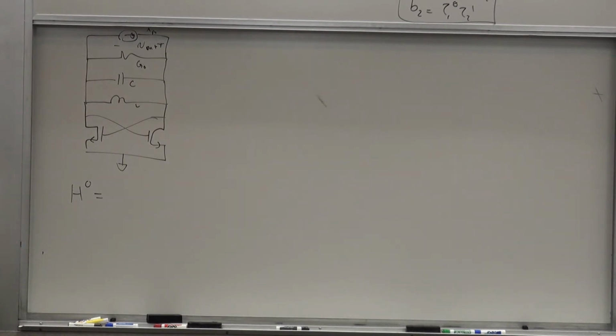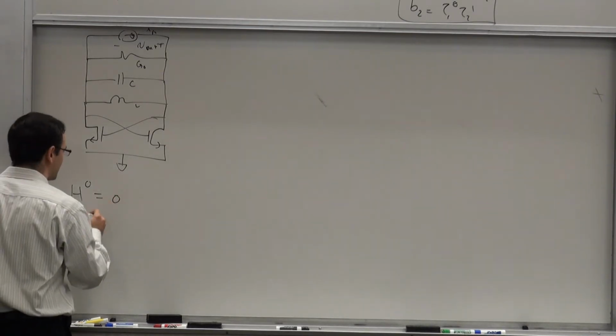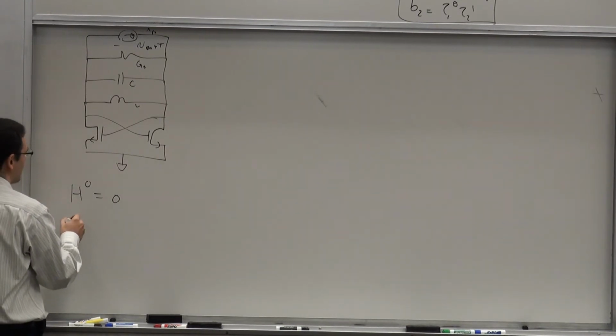What is the voltage across this thing at low frequency, divided by current? Where would all the current go through? Through the inductor, right? So what's the voltage? 0. So H naught is 0.